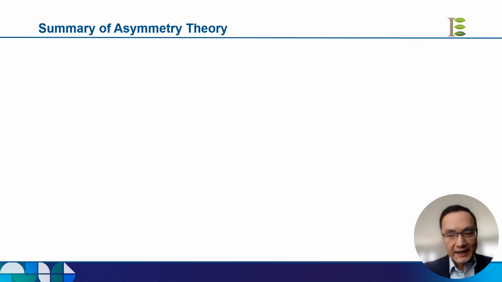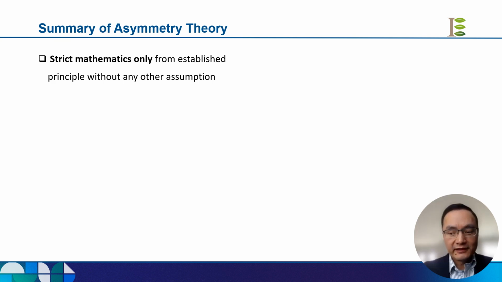So to summarize, asymmetry theory is just the mathematical result derived from the established principle from Einstein without any other assumptions. It's not that some crazy people throw up some crazy ideas. There are no assumptions or crazy ideas behind it. It's purely mathematics.